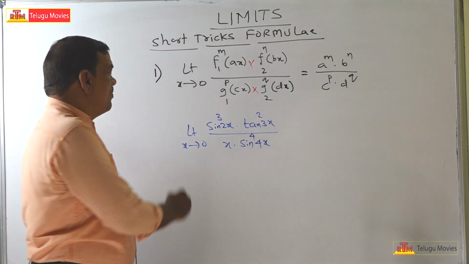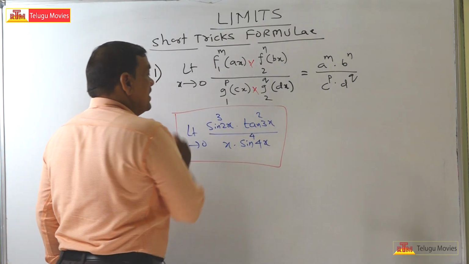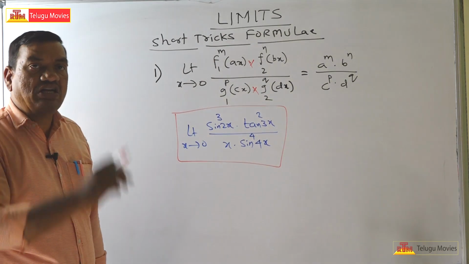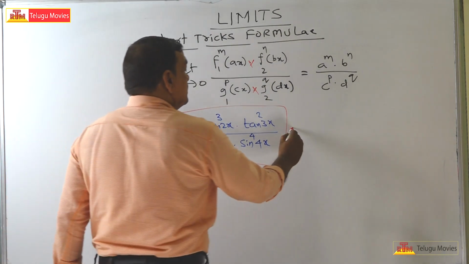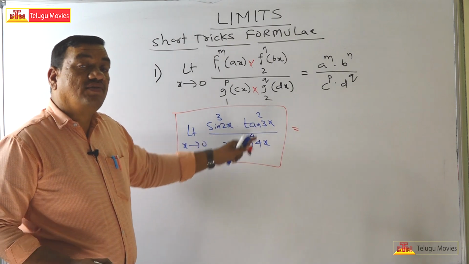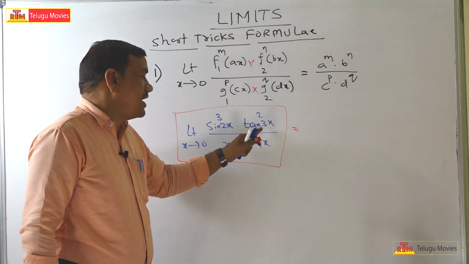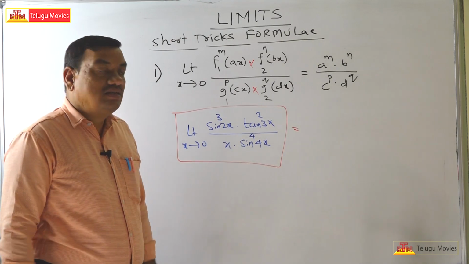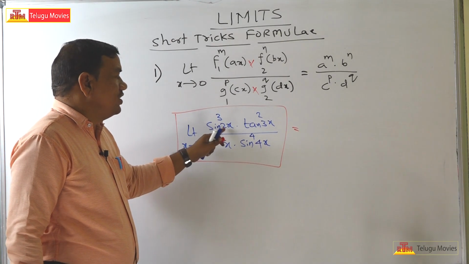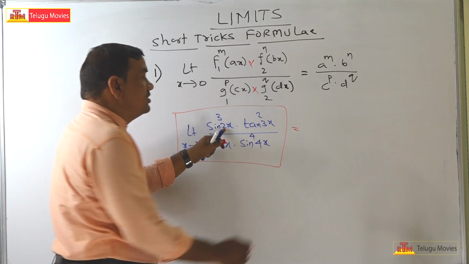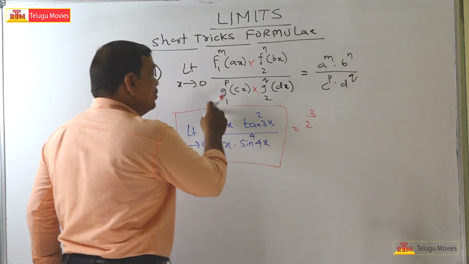If this type of problem is given in any of your examinations, within seconds you can do it. Simply see here, these are the functions which belong to our set, already given. Sin 2x, tan 3x, x, sin 4x. Sin 2x is there, here 2 is there, power 3 is there, 2 cube.